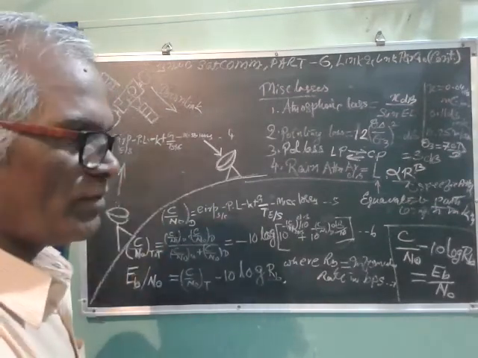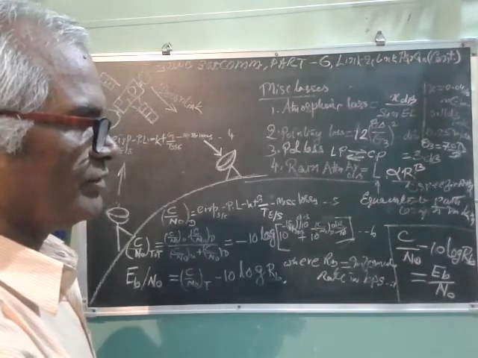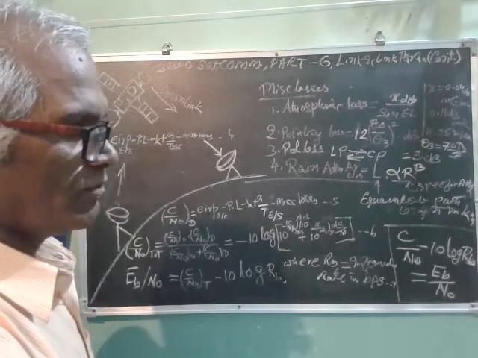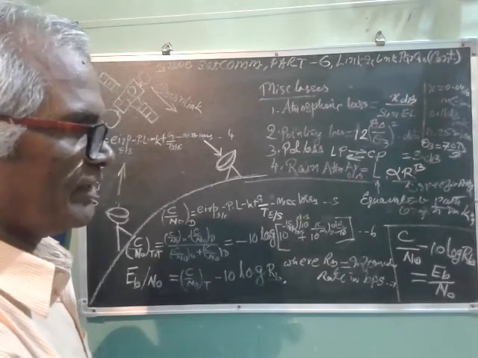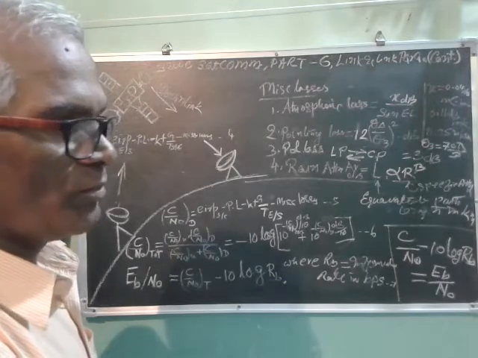This difference is small, around 1.4 dB, which is why it is called distance insensitive communication.